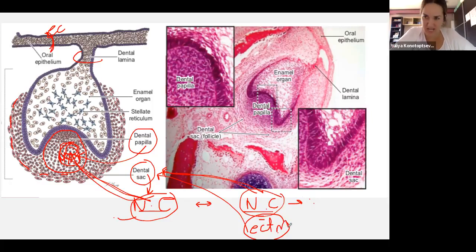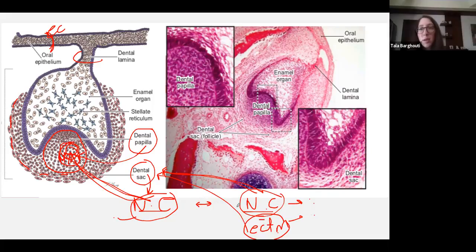So you cannot say that in the dental papilla they're ectomesenchymal cells, because that's not where they are. They're in the dental sac. They're giving rise to a particular cell that you're going to see right now. Does it make sense? Let's go, cousins.